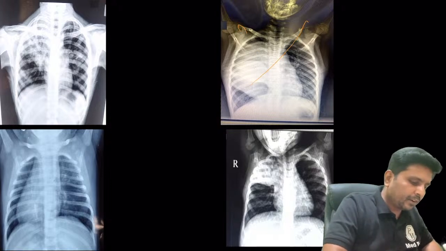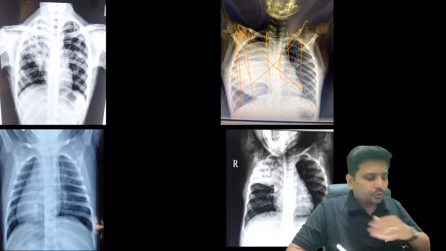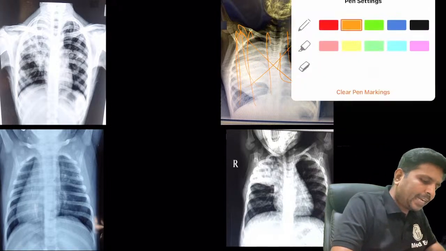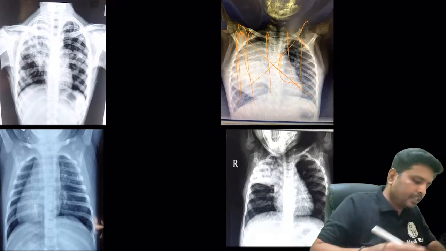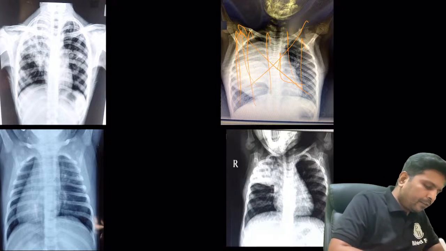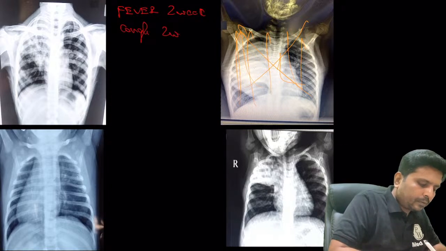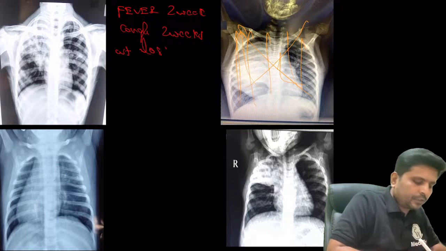This one was covered. I am not going to discuss in detail. So what is the scenario you can expect for this one? Let me tell you. Fever for 2 weeks, cough for 2 weeks along with weight loss.